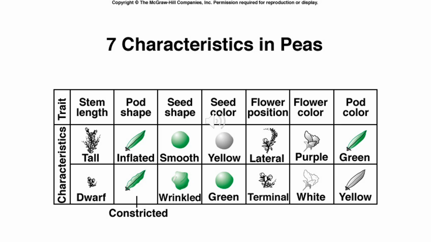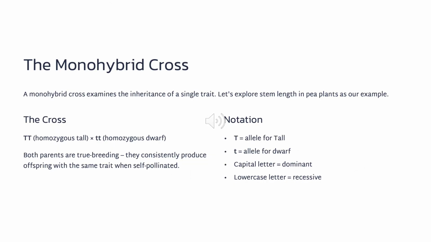So again, I show you the 7 characteristics in peas because I want to take an example from these characteristics to show you the monohybrid and dihybrid crossing in pea plants, for you to further understand how a monohybrid cross happens and how a dihybrid cross happens.